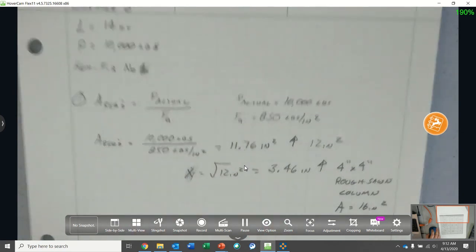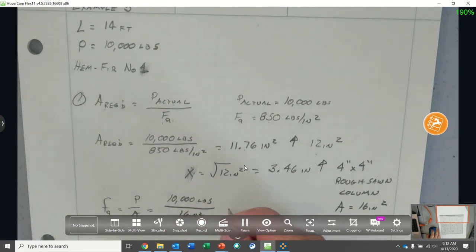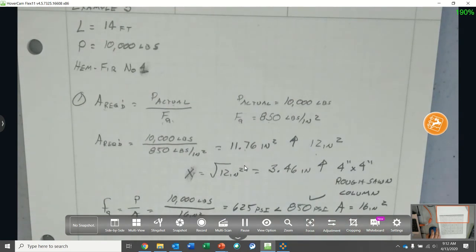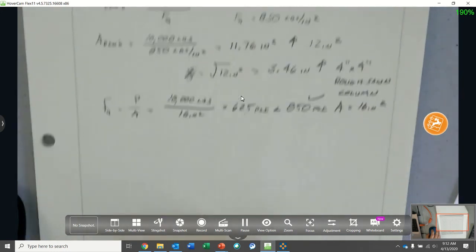So F actual equals P divided by area, which is 10,000 pounds divided by 16 square inches, and that equals 625 psi, which is less than 850 psi. So we're good. I want to make sure my actual is less than my allowable. That was step one.